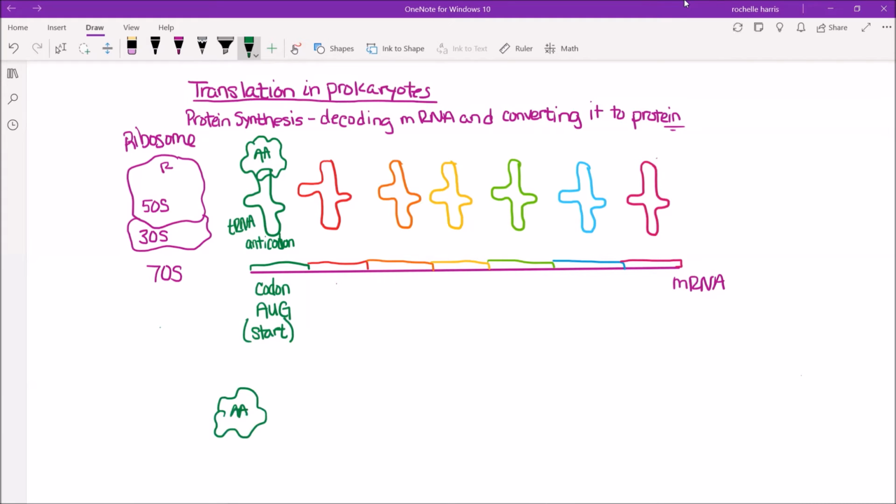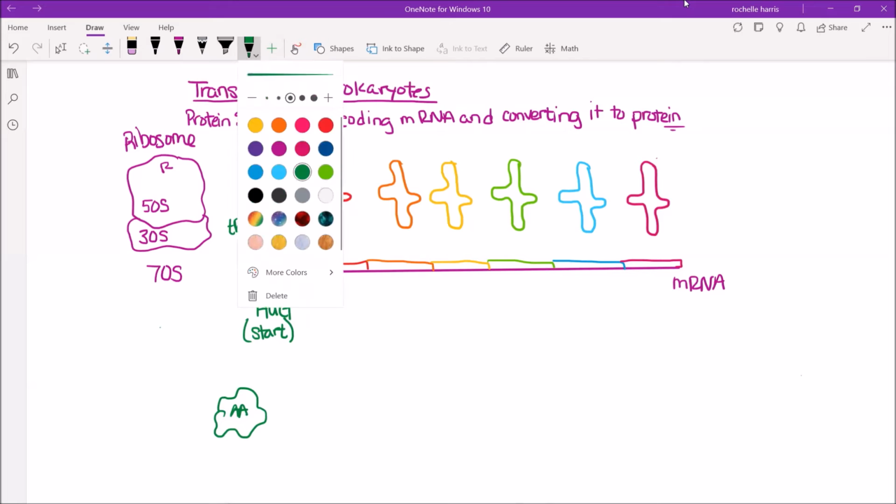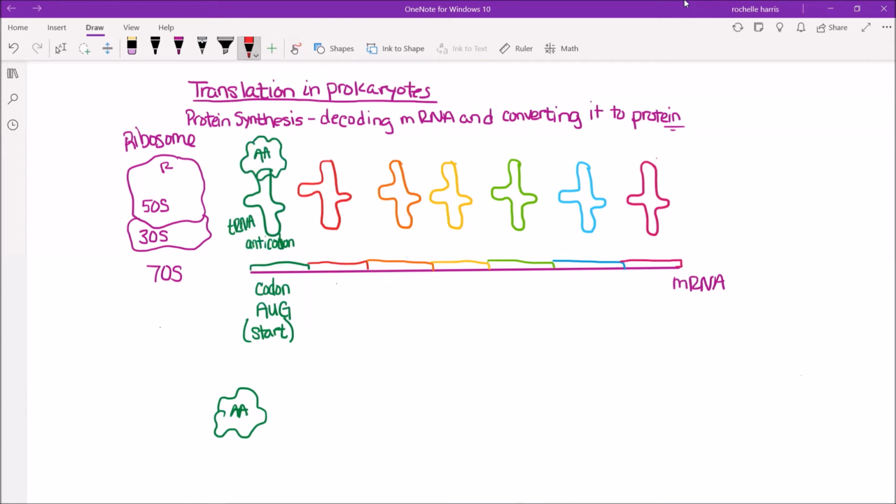Then we have our next codon, a set of 3 nucleotides that code for a specific amino acid. Then we have our amino acid and our anticodon, which I'll abbreviate as AC, attached to it. And then what's left is the amino acid.